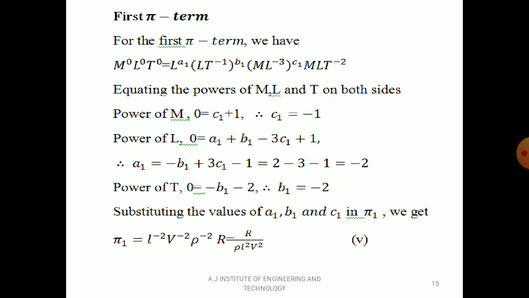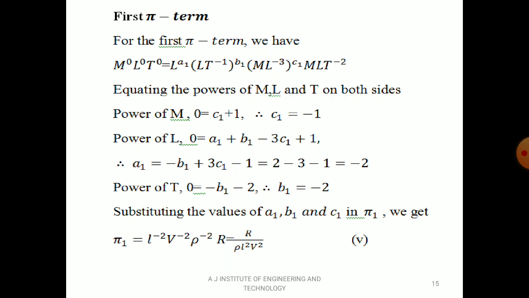So we can get value of A1 by substituting in equation 2. So A1 equal to minus B1 plus 3C1 minus 1. So B1 value is minus 2 into minus, that becomes 2, then plus 3C1, C1 value is minus 1, 3 into minus 1, that becomes minus 3, minus 1, that is equal to minus 2.